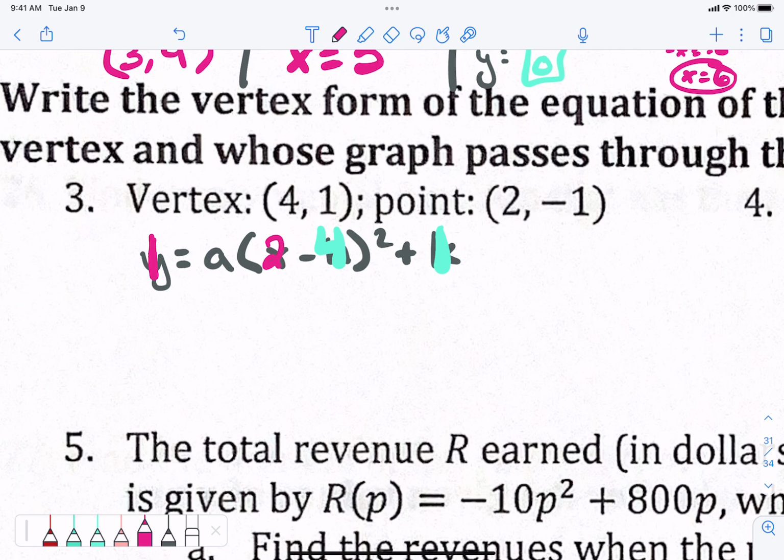2 minus 4 is -2, and -2 squared is 4. So this is 4a plus 1 equals 1.